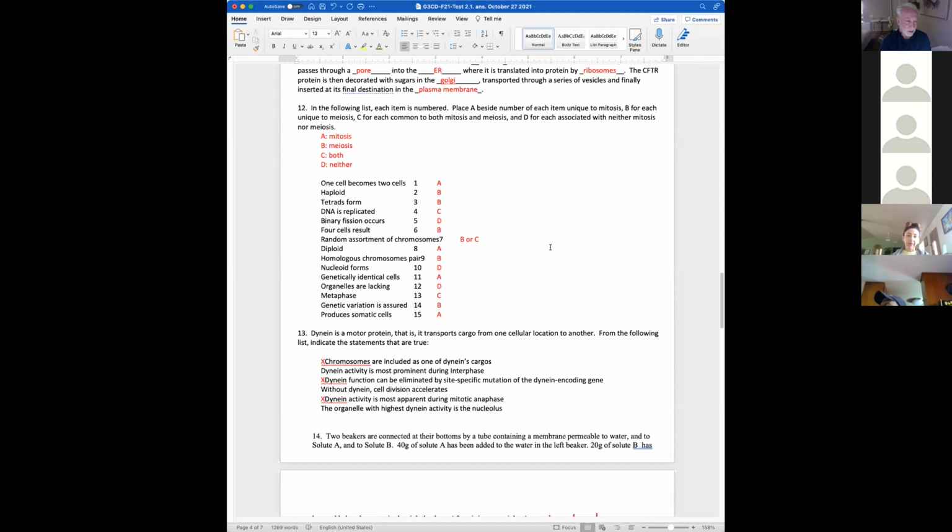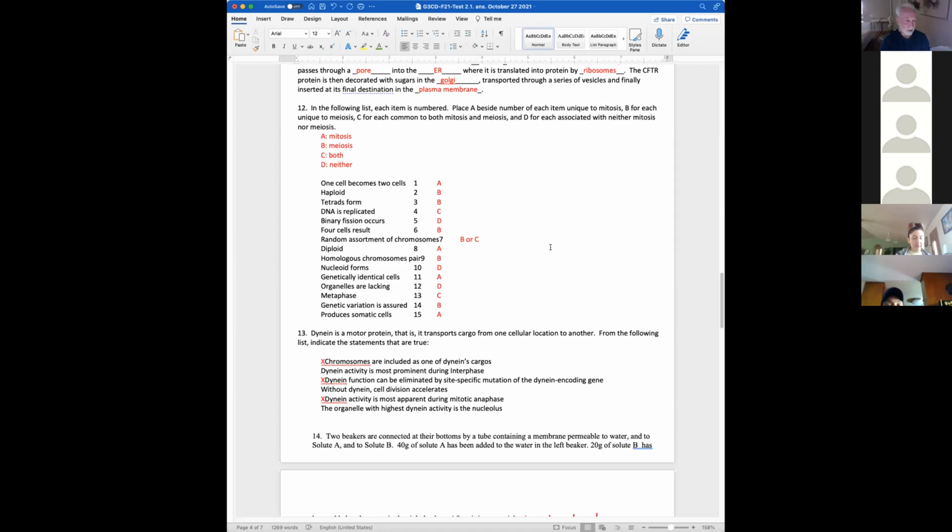Second term is haploid. Well, that is B, meiosis. When meiosis occurs, haploid cells result. Tetrads form, that's also B, meiosis. You do not get tetrads in mitosis. DNA is replicated. Well, it's replicated in both, so that would be C. Binary fission occurs, that's D, neither.